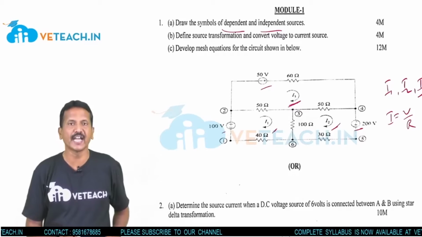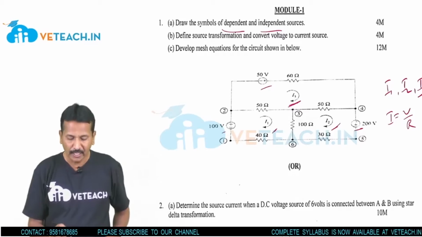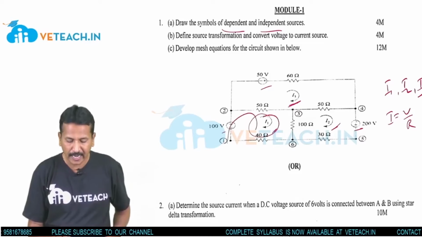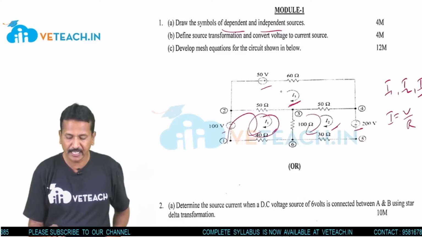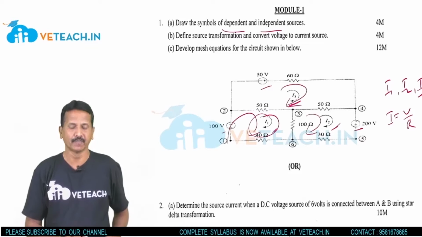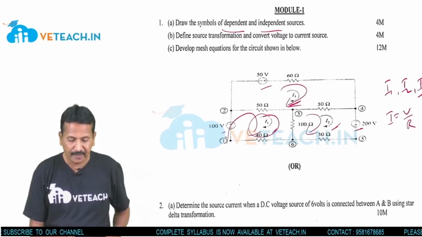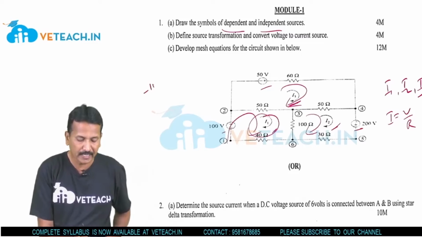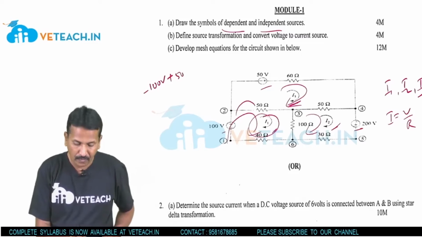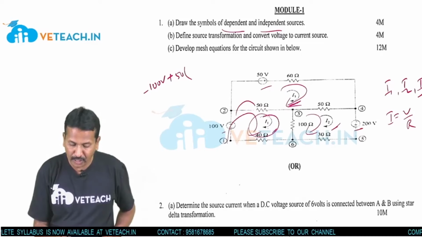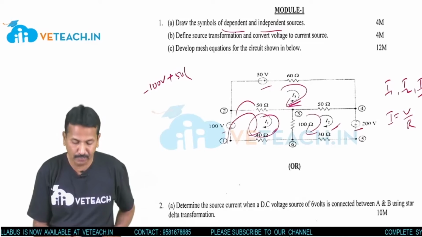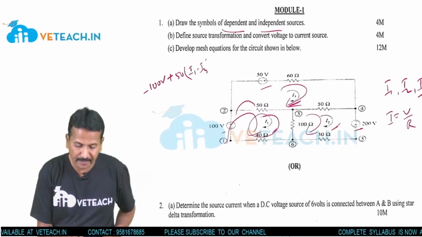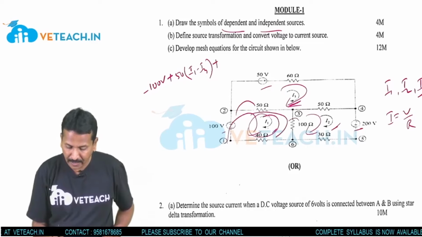Loop analysis or mesh analysis. Now see here, this is loop 1. I am taking loop 1, drawn in a clockwise direction. Here minus and plus are there. So the first relation is minus 100 volts plus 50 into, here I1 is flowing across 50 and here I3 is also flowing, so we get I1 minus I3, plus, here 100 ohms are there.